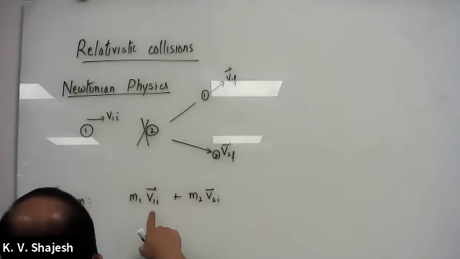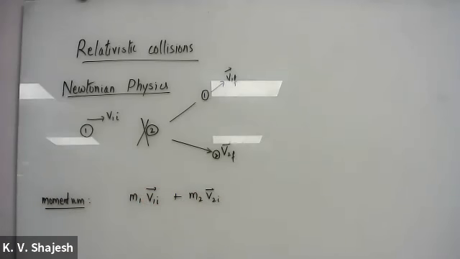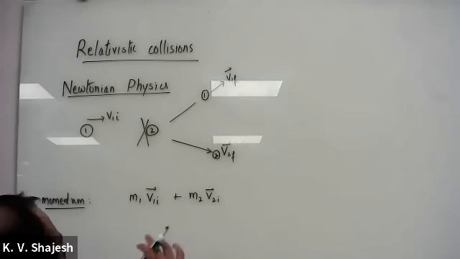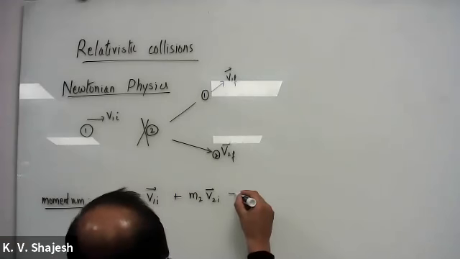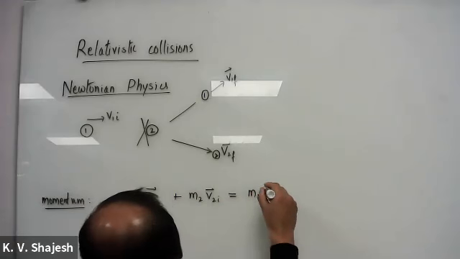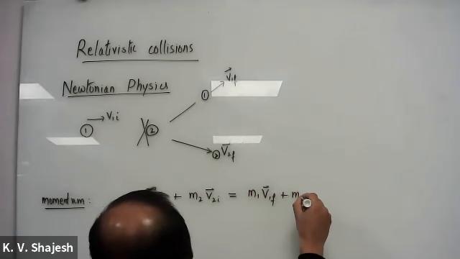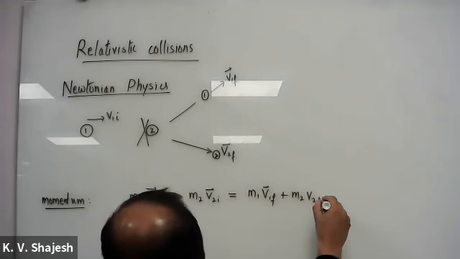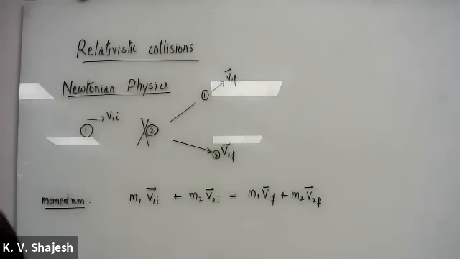Notice how momentum is being written as mass times velocity, which is no more true in relativity. There it becomes gamma, right? So that's the difference. So this is m1 v1 final plus m2 v2 final.